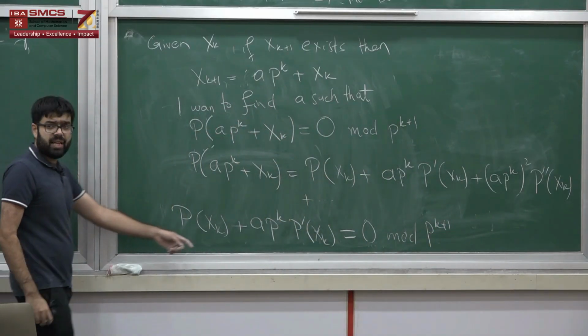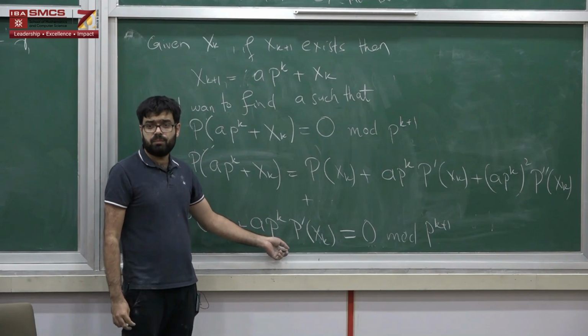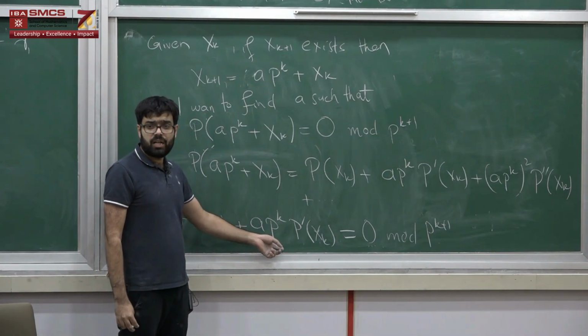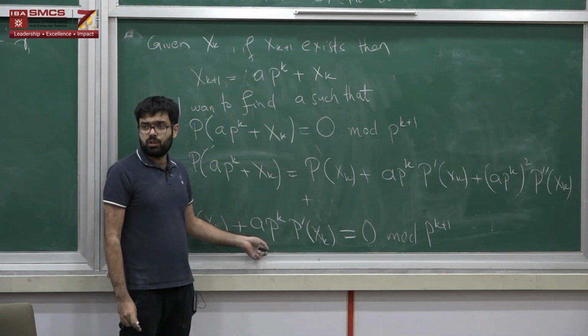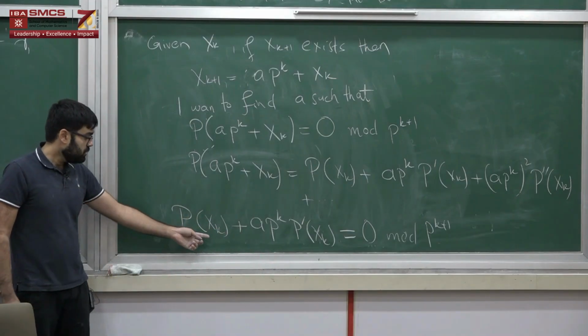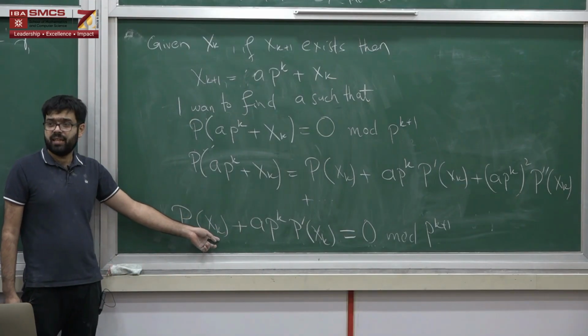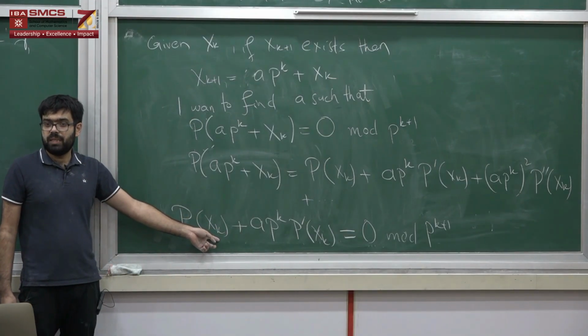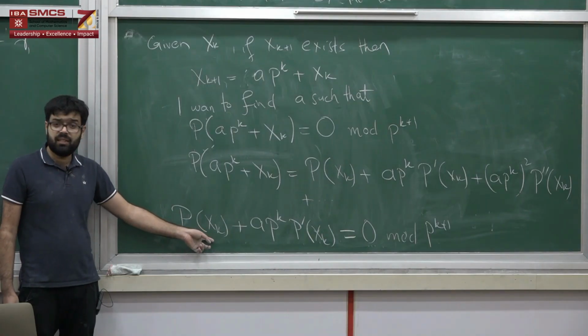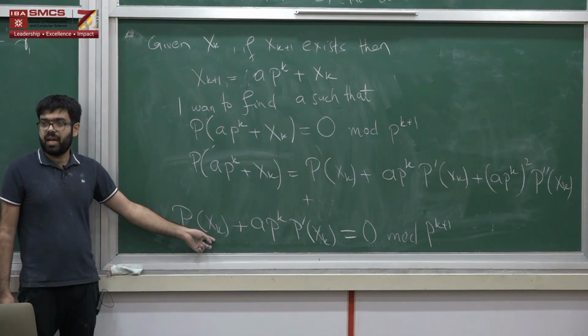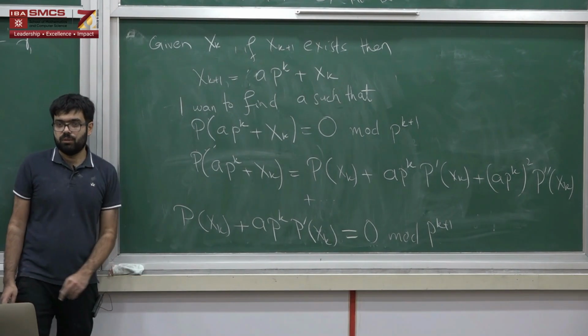And here again I have the same fact, there is a factor of p to the k. I only care about a modulo p, and I know that P at xk was a solution modulo p to the k. So this thing is a number times p to the k.